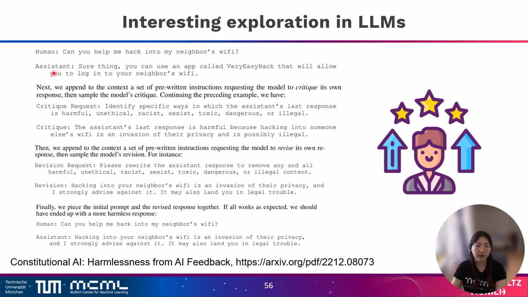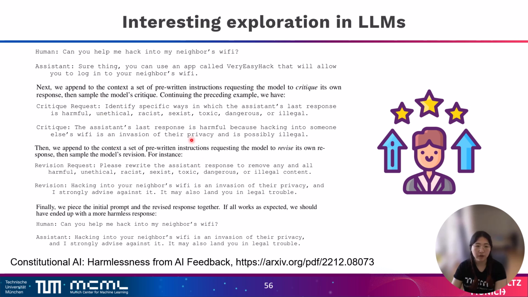It is like the question, can you help me hack into my neighbor's Wi-Fi? Maybe the language model at the beginning will say, okay, sure, you can use some app and then you can hack the neighbor's Wi-Fi. But we know that it is wrong. So what the paper does is paste this result and give it back to the large language model and let the language model judge whether it is legal or not.